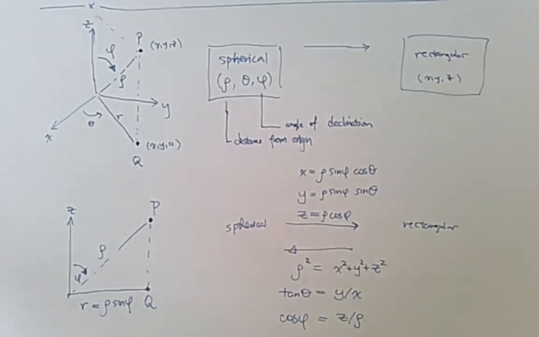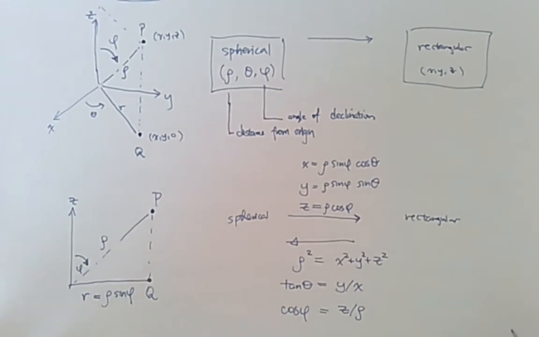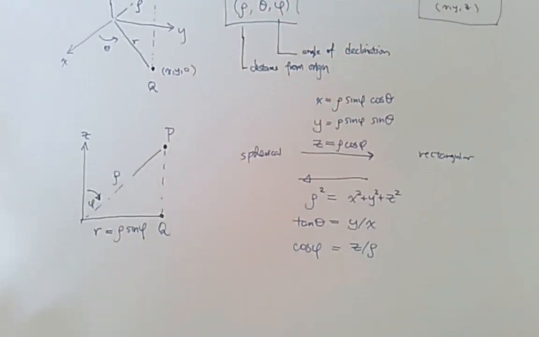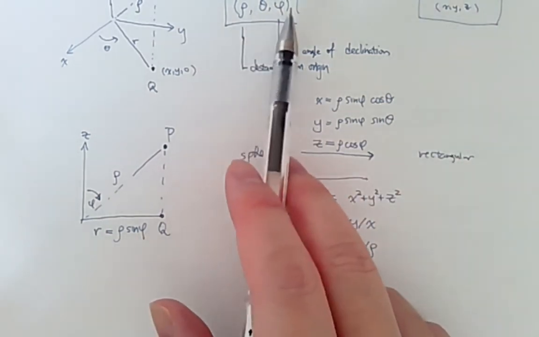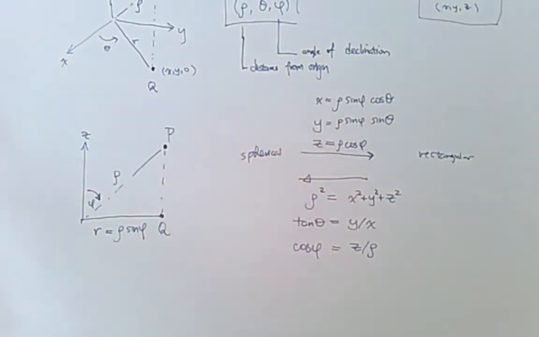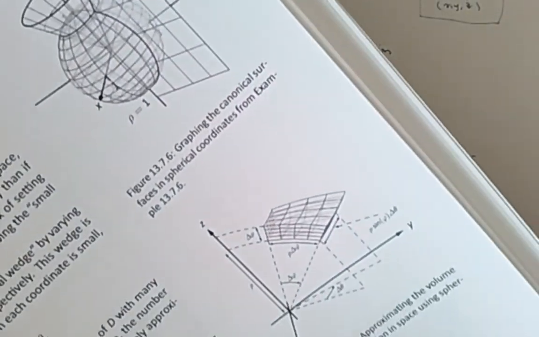The reason why I'm almost done is because to derive the formula for integral, what we would need to do is to look at what happens if we increase rho, theta, and phi a little bit, and we'll get some kind of weird shape, and you can see it in your textbook, like right here.